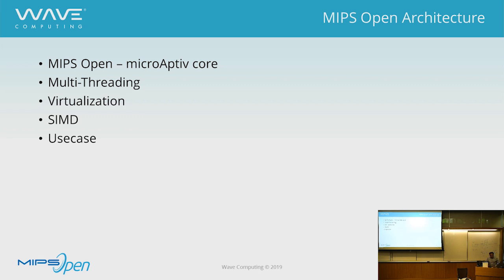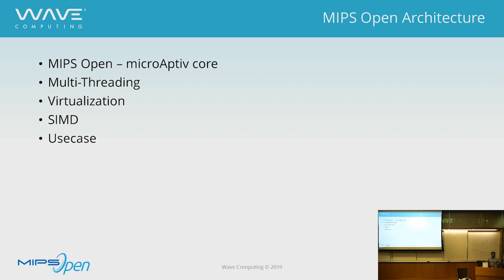A microAptiv core is heavily used in many IoT applications, embedded, functional safety, and other areas. So you can start the design today and build your product based on a processor and go to market without having to worry about paying any dollars behind it.